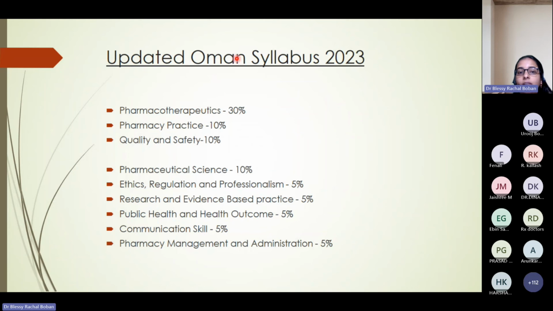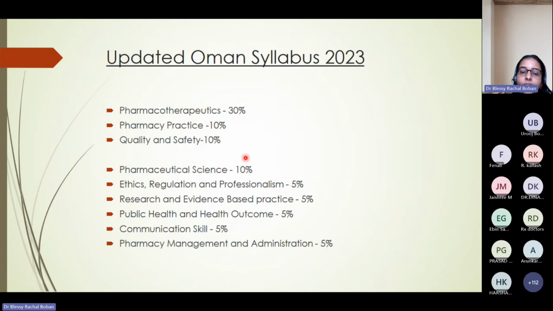And regarding the Oman examination, the Pearson VUE examination, there is an updated syllabus for 2023. Participants, you have to understand that even though there is some updation in the syllabus, the earlier syllabus has the same topics as the updated one.